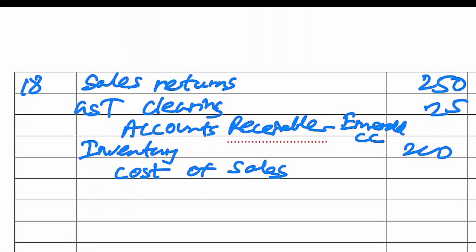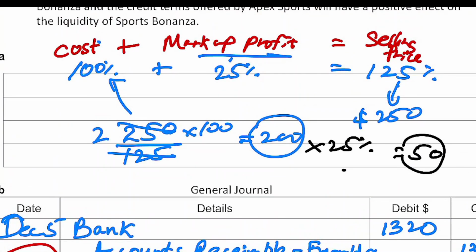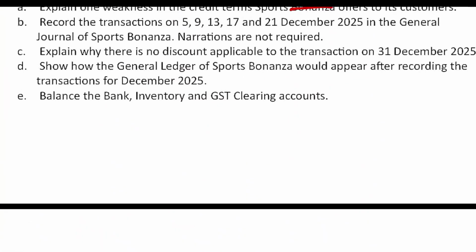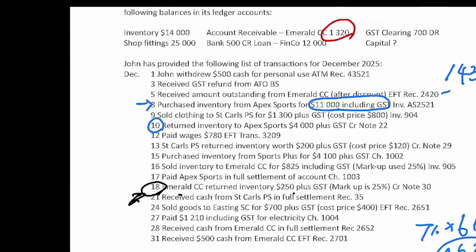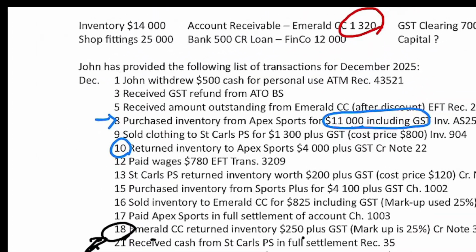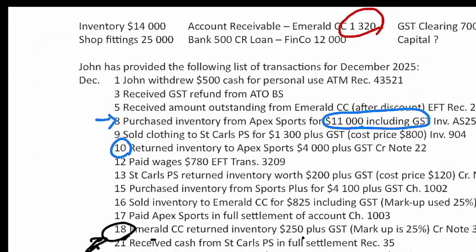You sure? Now look at this. That's the wrong one. My bad, I'm looking at the wrong one. Was it 220? It was 220. Okay, my bad.